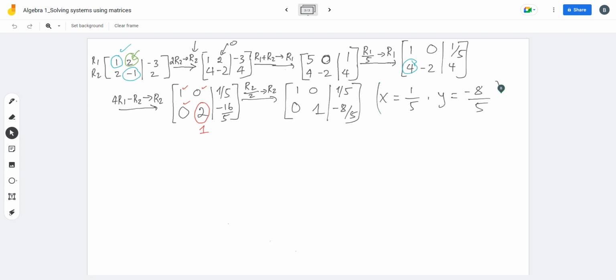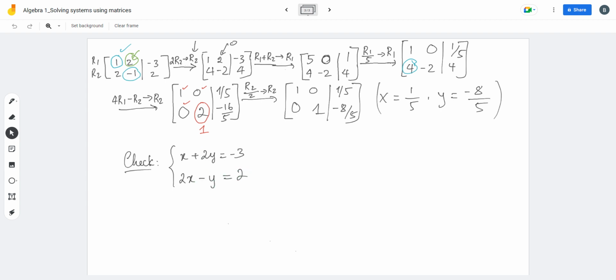Okay? Now, one thing about matrices is that you may make a mistake with this, right? So you always have to check for it. Now again, from the original matrix here, you can write it as what? x plus 2y equal to minus 3, 2x minus y equal to 2.